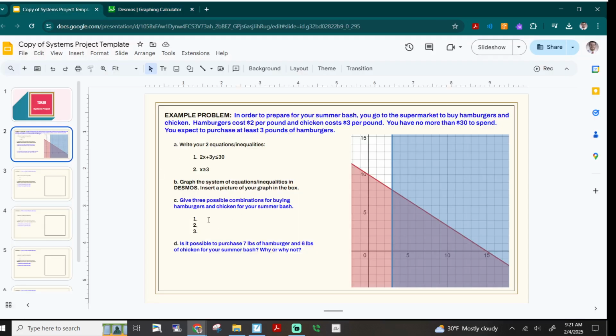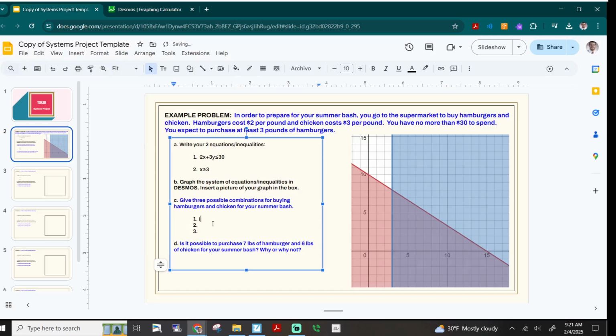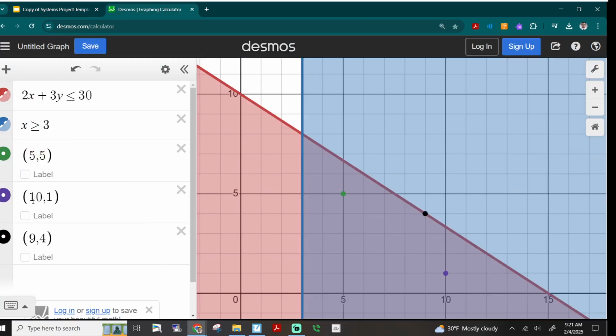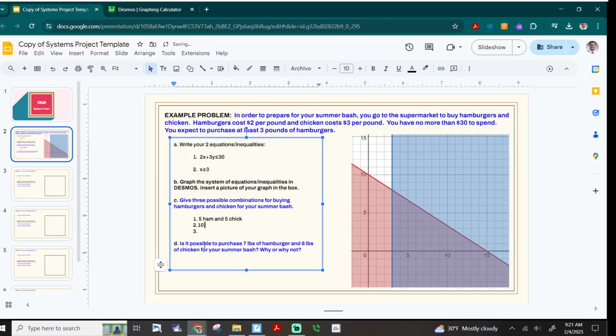So I go in here and I type in 5 hamburger and 5 chicken, 10 hamburger, 1 chicken, and my last one was 9 hamburger and 4 chicken.